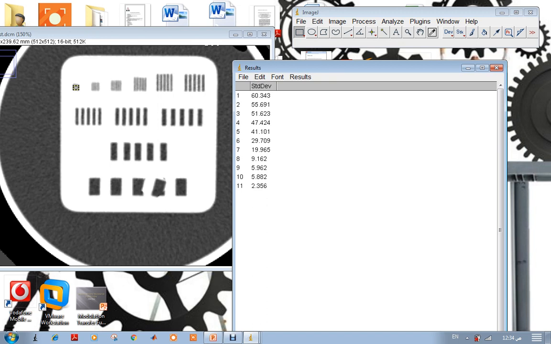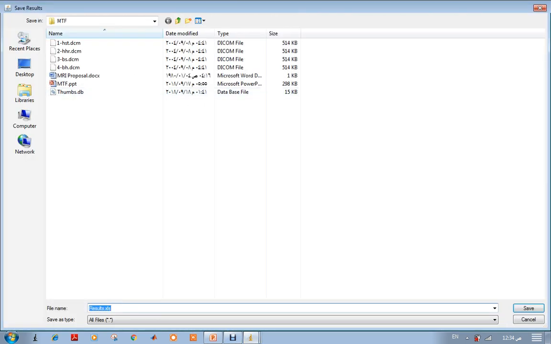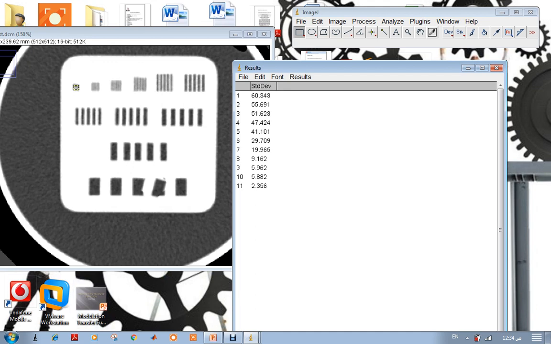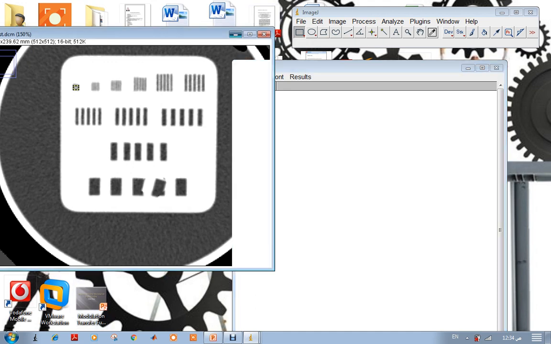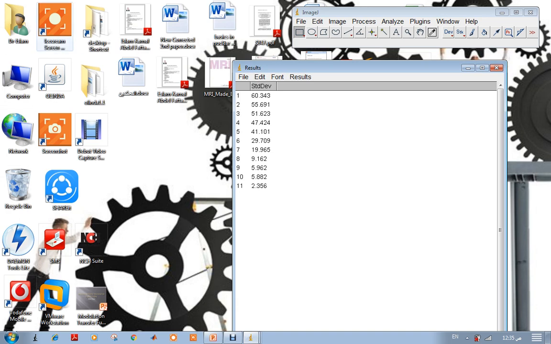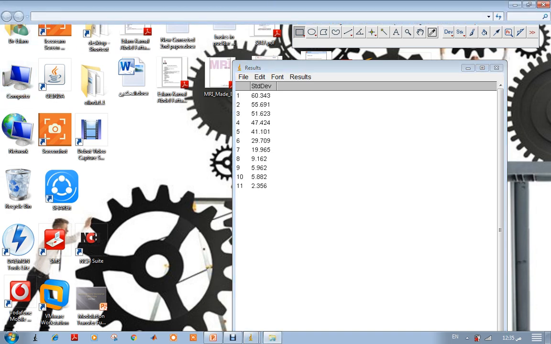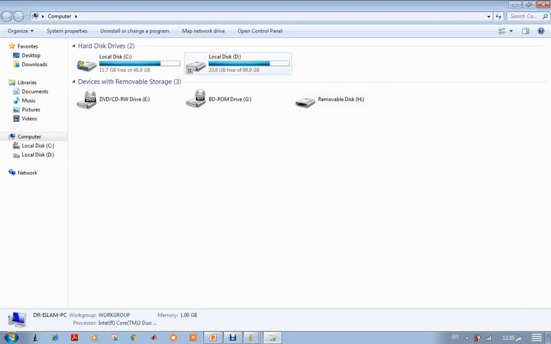I want to draw my curve. File, save as. Okay, I'll save it here, results, save. Or you can do something other, it will be easier.